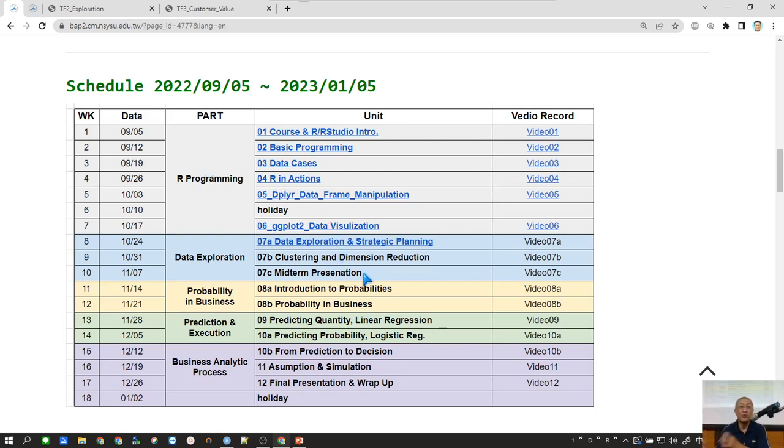And next week we will teach some of the more advanced methods for data exploration. And the week of November the 7th is your midterm presentation, and each team prepares a presentation of 12 minutes, okay, using all of the skills we have learned so far.